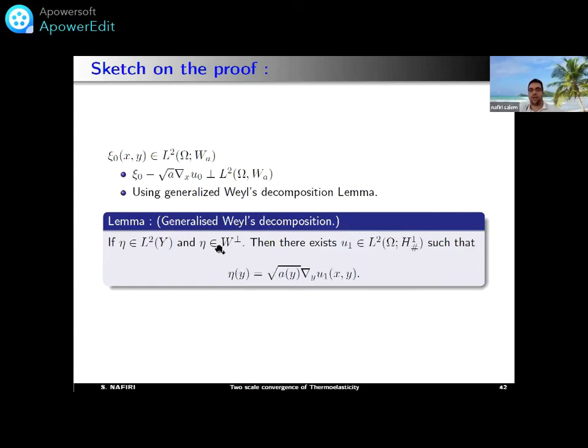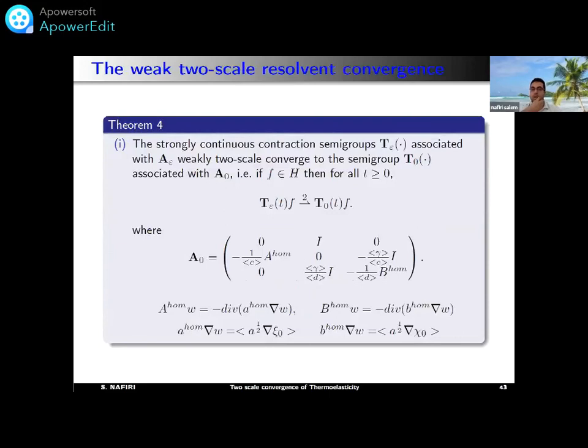Somehow it says that the orthogonal of divergence-free functions are just the gradients. This is another way of reading the generalized Weyl decomposition.